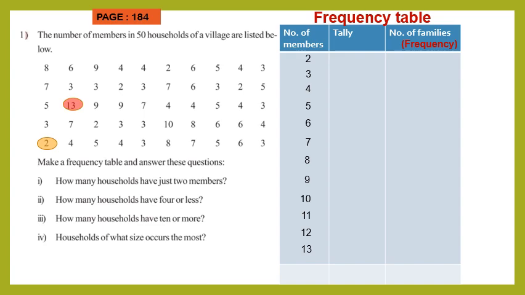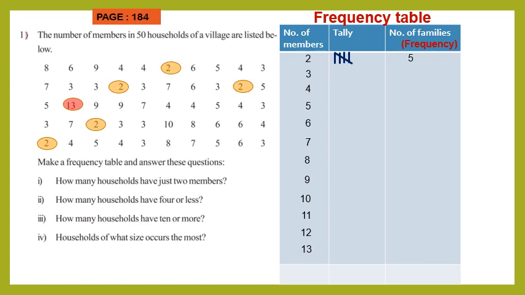Next, let us check the number of households that belong to these member counts. First, find the number of households that have 2 members. Yes, count 1, 2, 3, 4, 5. So draw the tally marks and write 5 here.